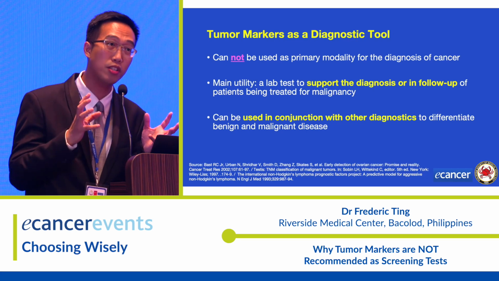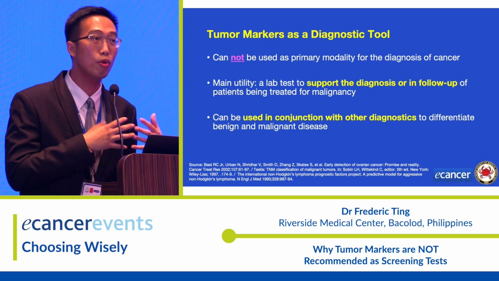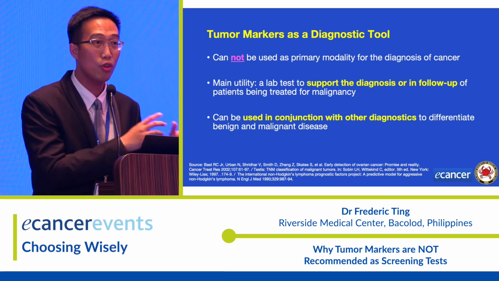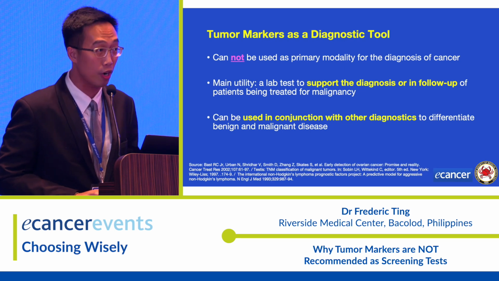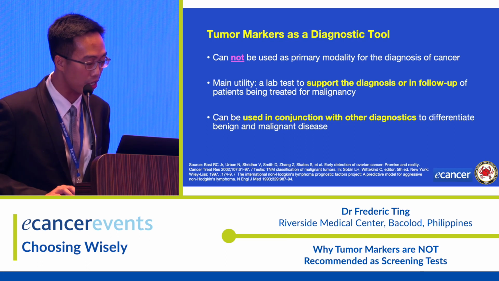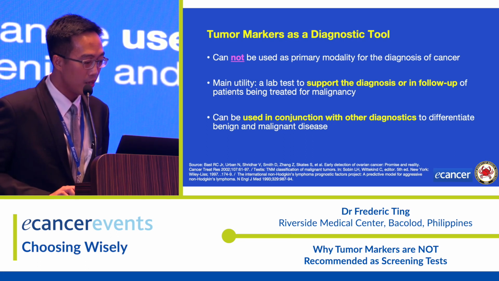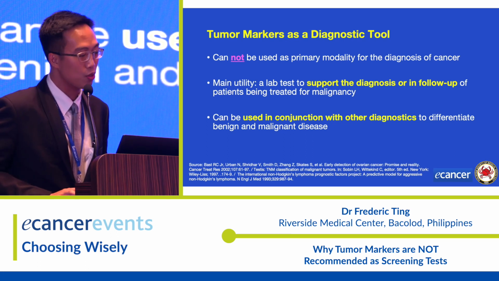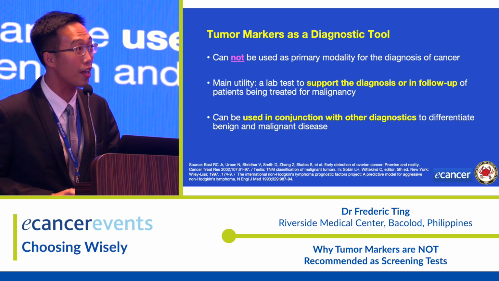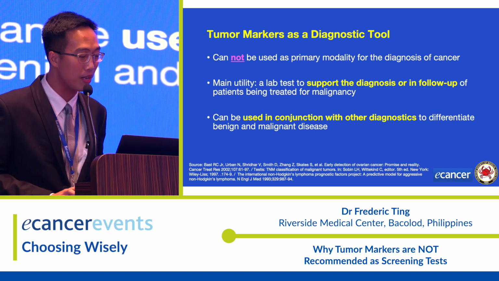So there's a difference between the use of tumor markers solely to diagnose cancer and to use tumor markers as a support in other diagnostic tests that we do for our patients. There, so tumor markers can be used in conjunction with other diagnostic tests to differentiate between benign and malignant disease.